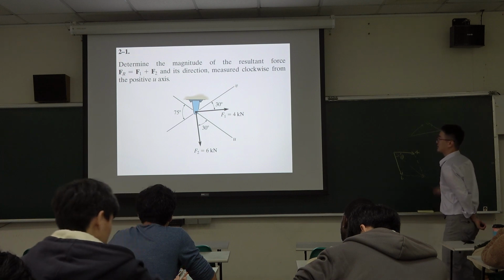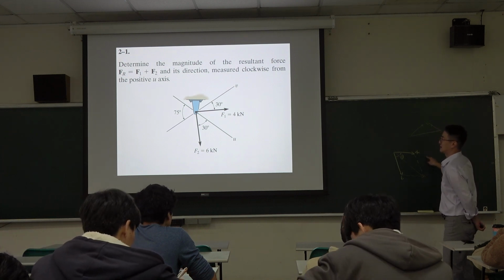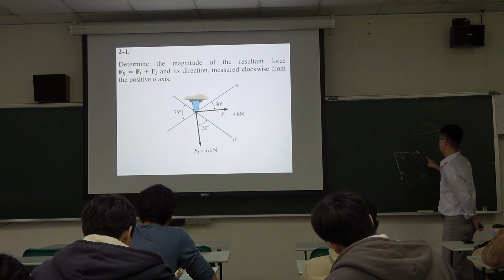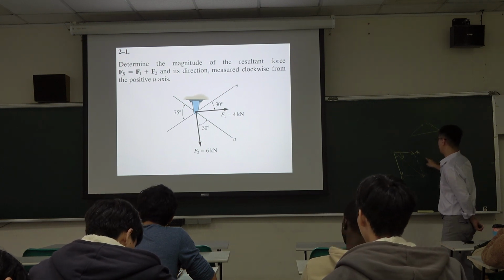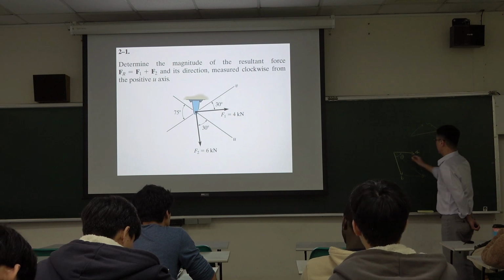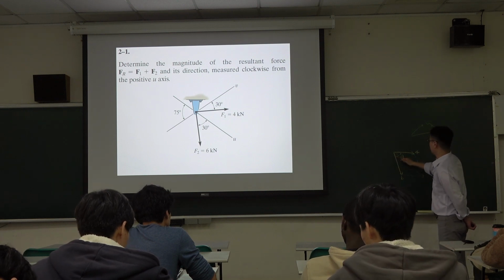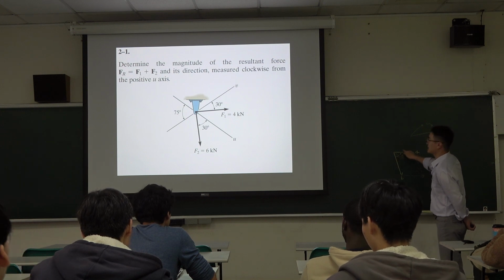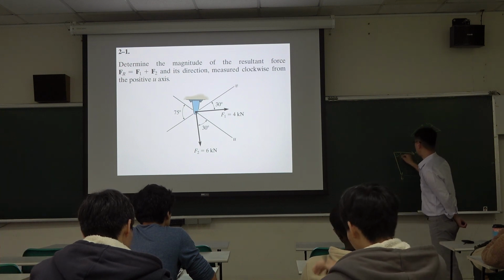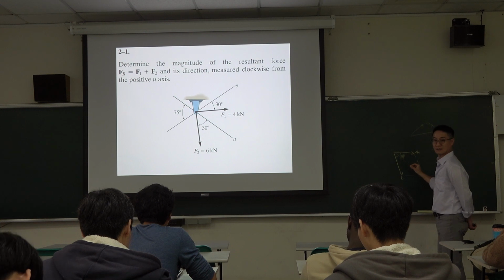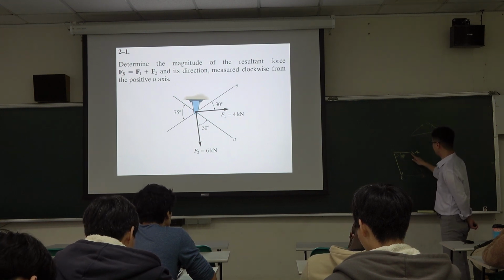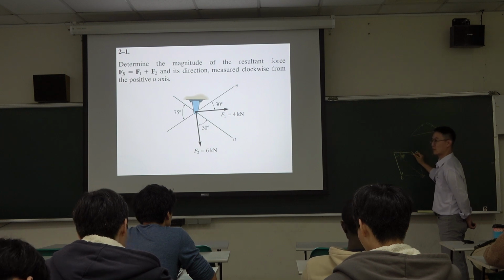So 4 is here. Okay, so that means we know here theta, this angle is 75. Okay, we know this angle is 75. So that means this angle is 105.